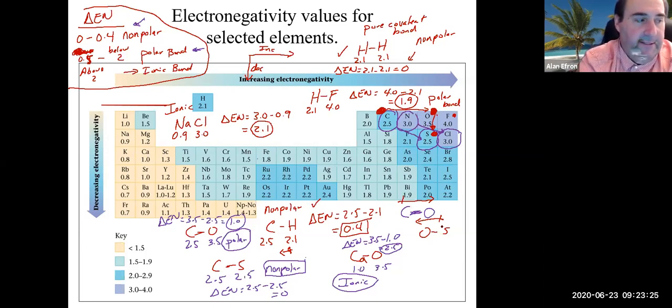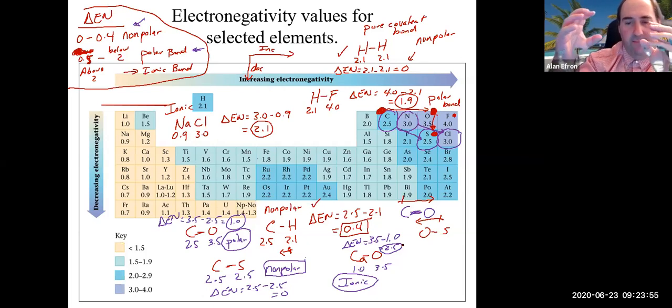So just to finish up on this topic, since we're getting to the end of lecture, a very important thing to keep in mind about electronegativity. In general, probably 98% of the time, if we are using the electronegativity values, what we are really trying to determine is whether the individual bond, the bond between this atom and this atom, is going to be polar, nonpolar, or even ionic.